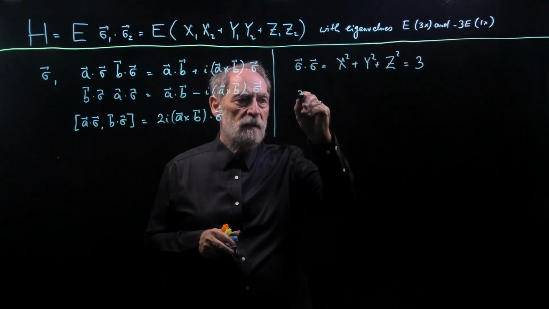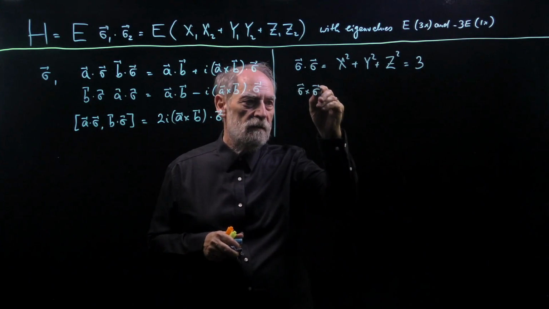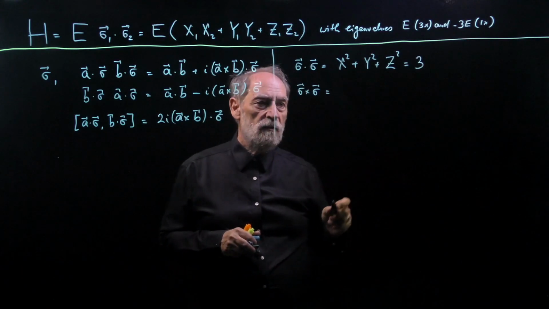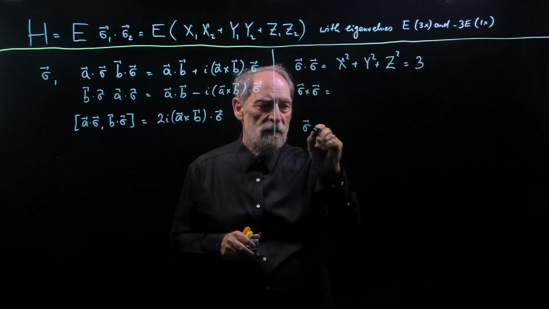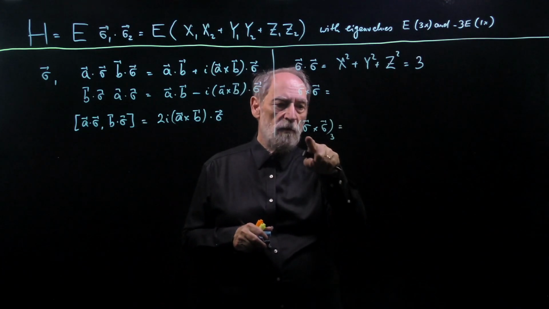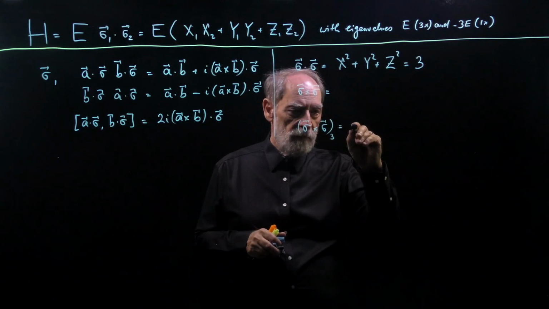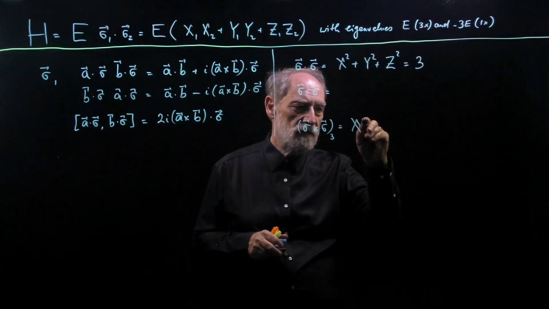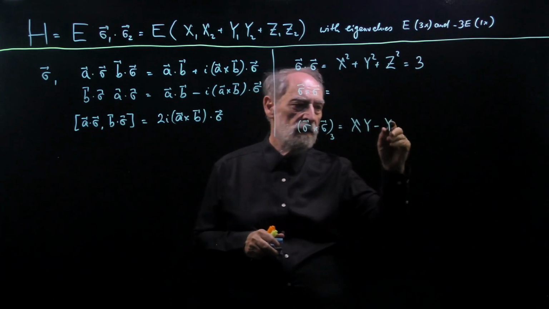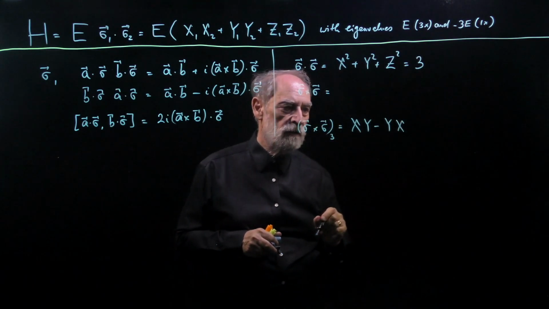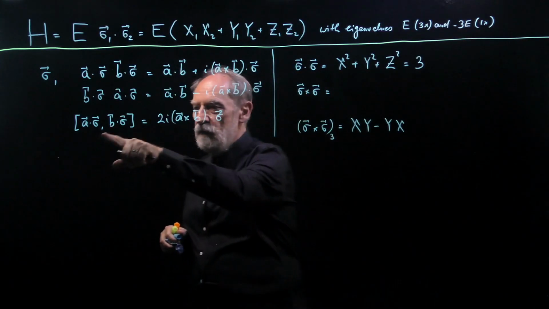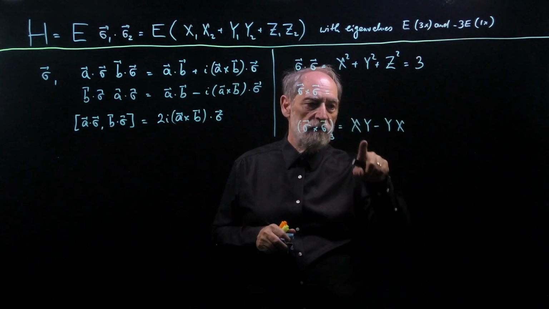What about sigma cross sigma? No, it's not 0 because the components of sigma do not commute. So perhaps we begin by looking at the third component. So that's the third component of the cross product, which is the first component of the first vector times the second component of the second vector minus the second component of the first vector times the first component of the second vector. Well, this is a commutator of this kind, where A and B are the unit vector in the first direction and the second direction.